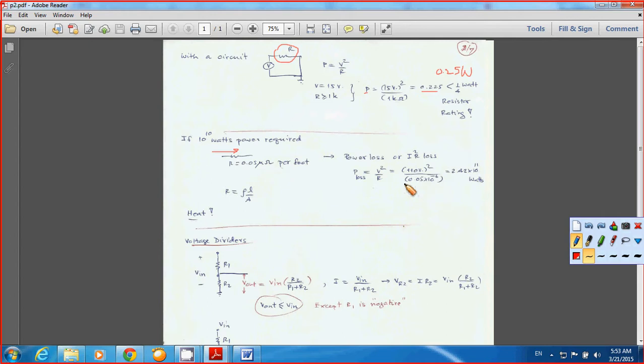So you divide V squared by 0.05 times 10 to the negative 6, and that gives you 2.42 times 10 to the 11 watts, and that exceeds the power that you want to transfer to the end of the wire.